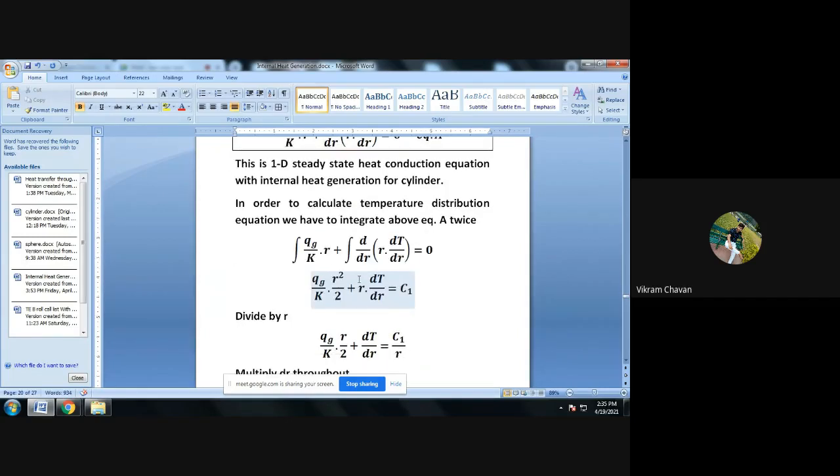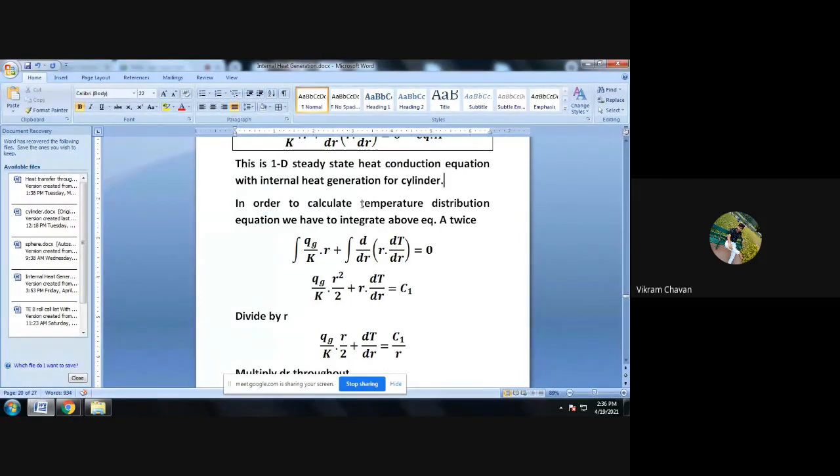Okay. Now further we have to determine the temperature distribution equation. In a similar fashion to what we did in the case of the wall, we integrated the general heat conduction equation twice, got the general solution with constants, and then calculated those constants by considering boundary conditions.